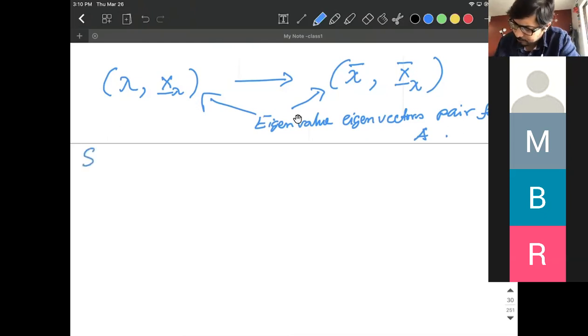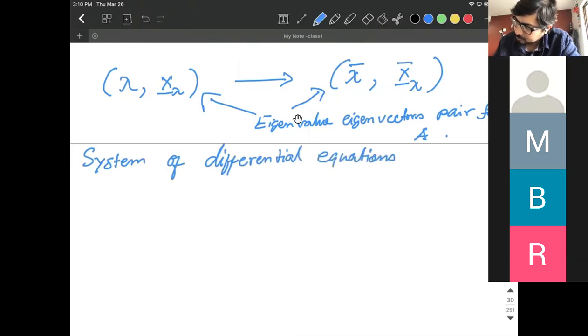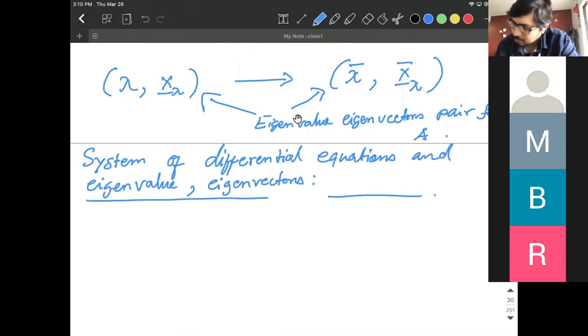System of differential equations and eigenvalues, eigenvectors. So what do we have?